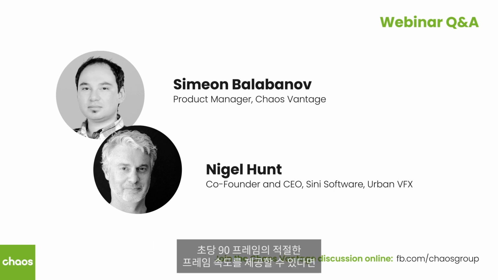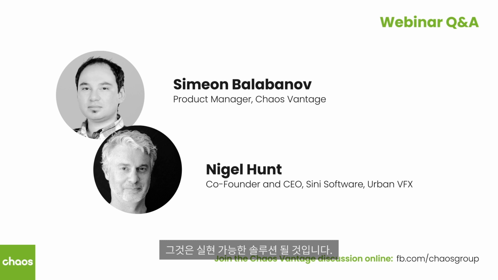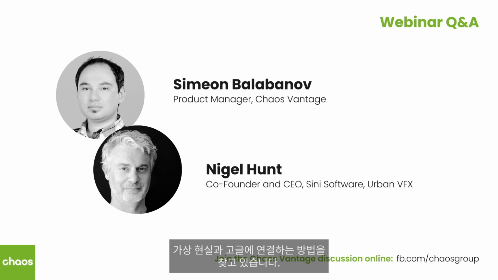Obviously, if we can't supply a decent frame rate of 90 frames per second, it would be a non-feasible solution. So we're looking for ways to optimize some things and then hook into virtual reality and goggles. But yes, this is definitely something that is on the roadmap, and we are researching for that.